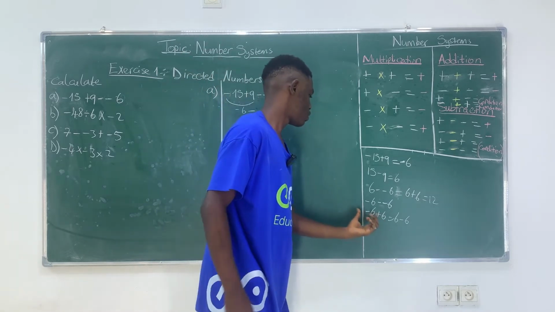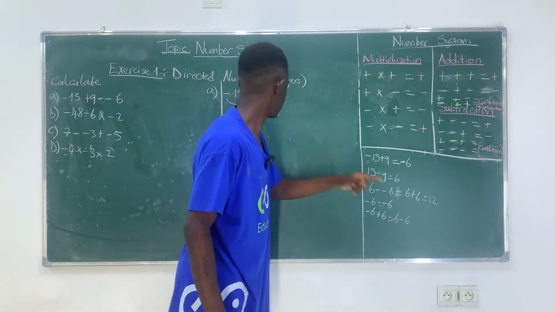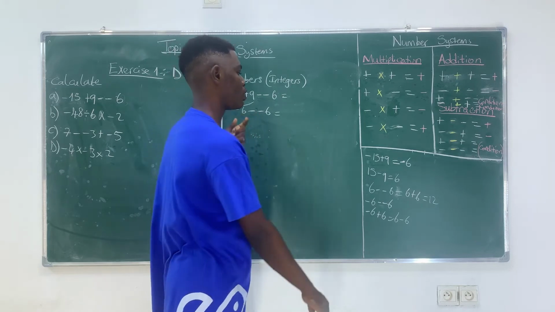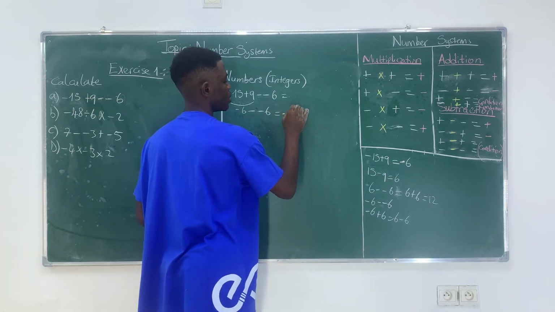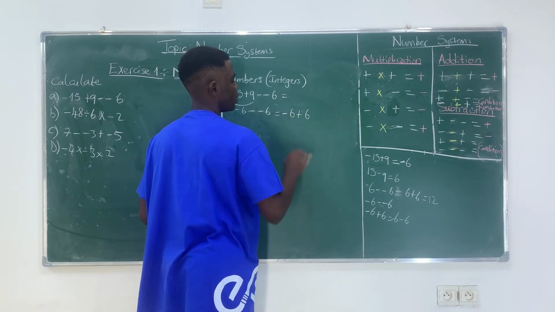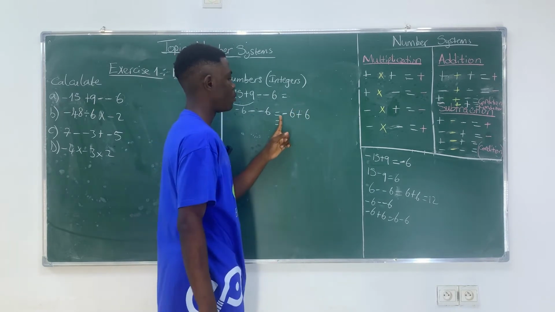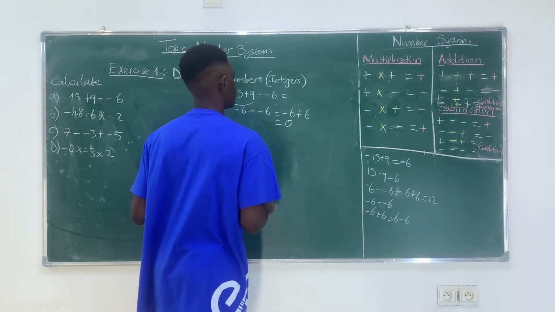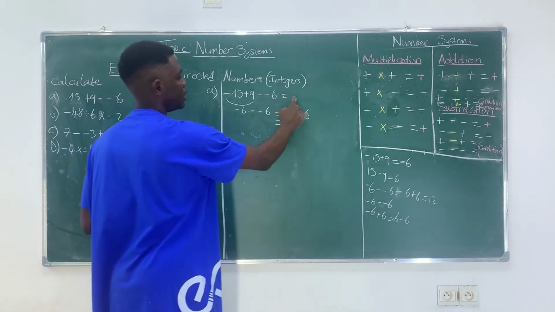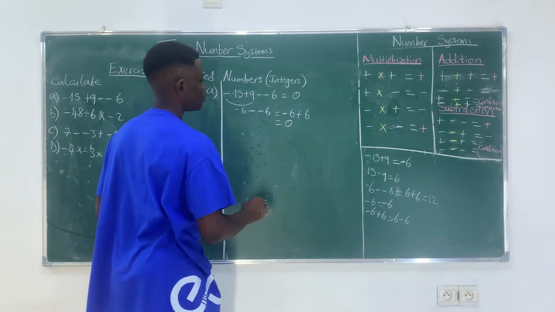They are the same thing. So minus 6 plus 6 is equal to 0, which implies our final answer here is 0.